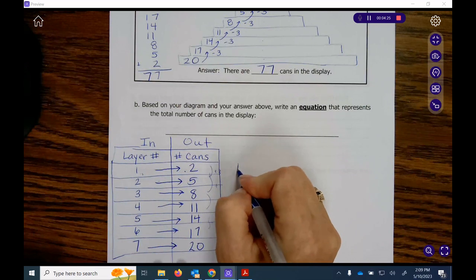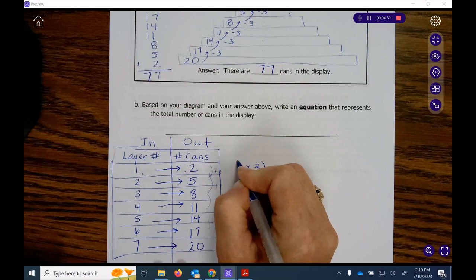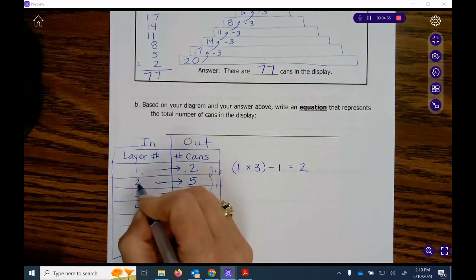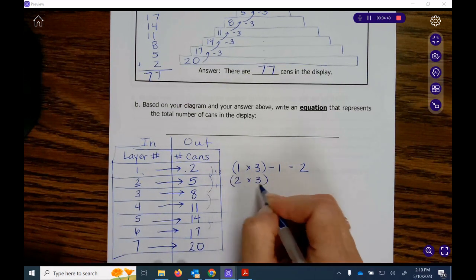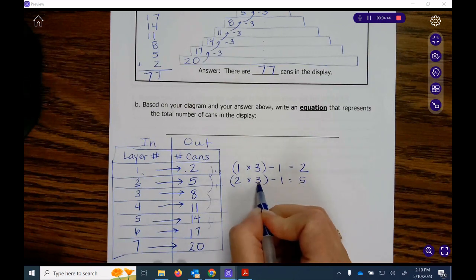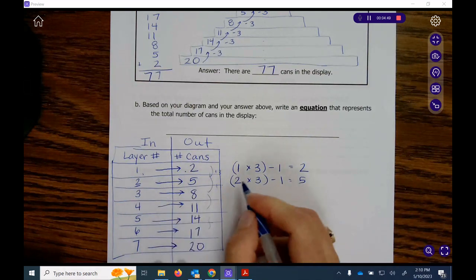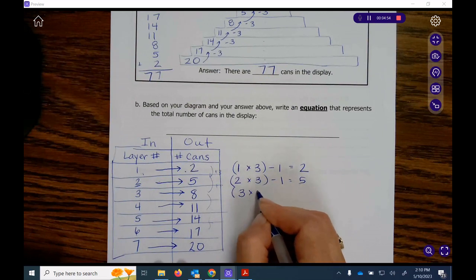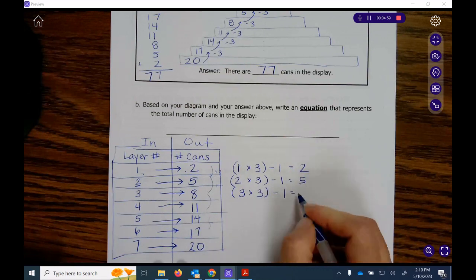If I do 1 times 3, take away 1, I get 2. If I do 2 times 3, take away 1, I get 5, because 2 times 3 is 6, take away 1 is 5. All right, so for layer 3, 3 times 3, take away 1 equals, that's 9, take away 1 equals 8.